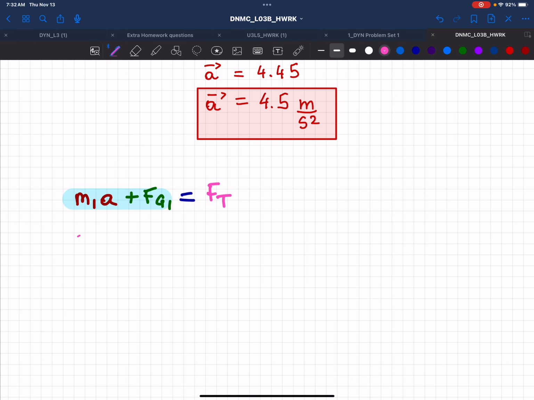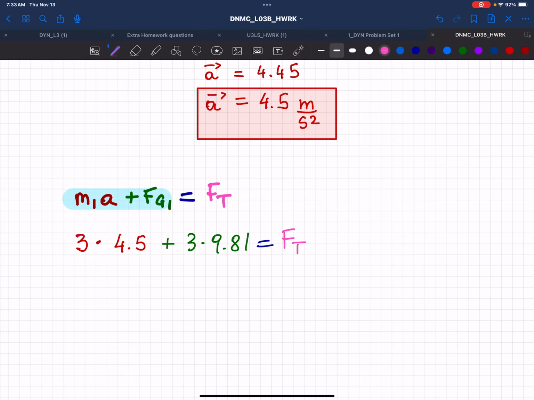So that means we have the mass of 3 kilograms multiplied by 4.5, plus Fg1, which is equal to 3 times 9.81, which will equal the force of tension.